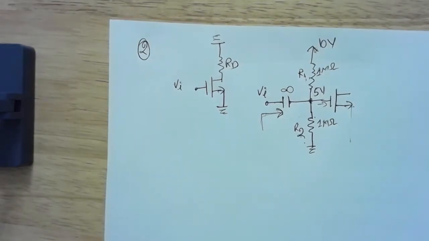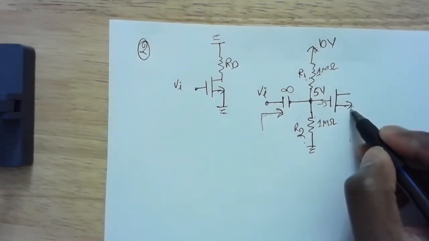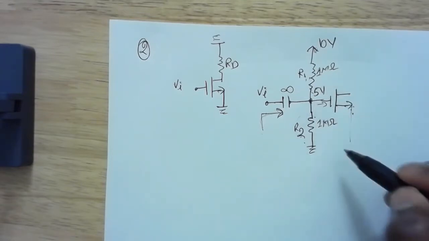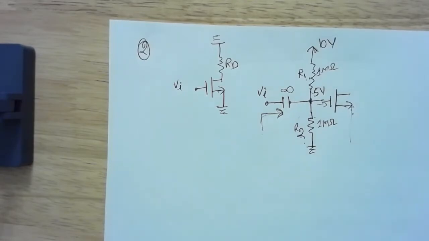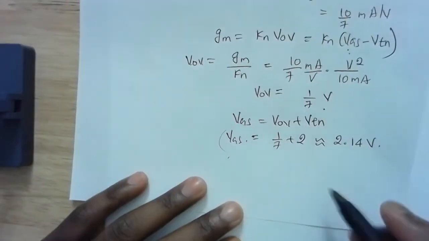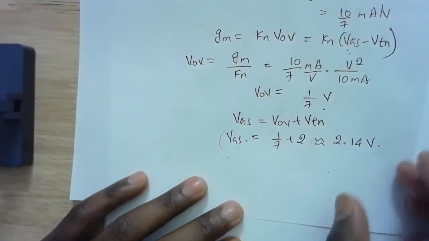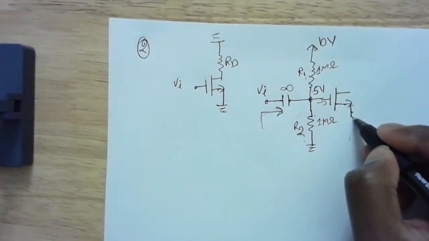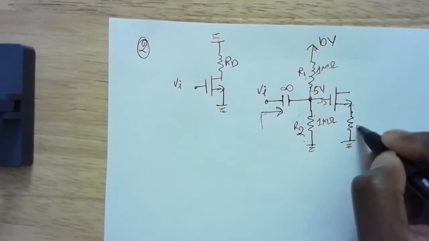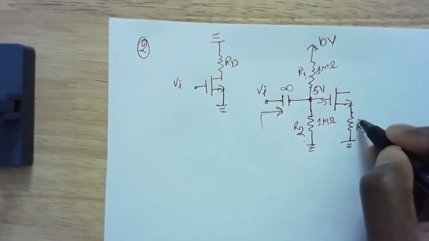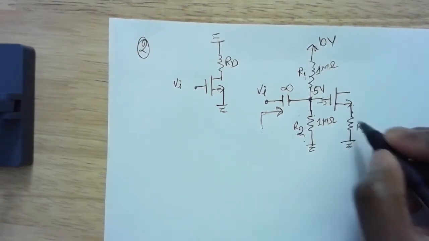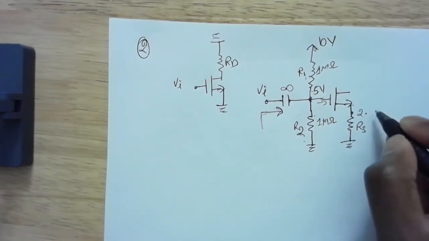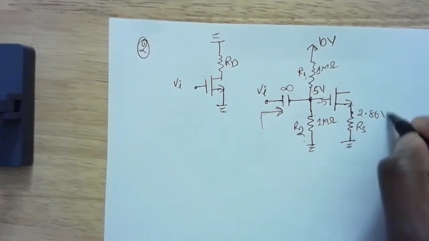Okay, so if I ground my source now, that means my VGS will be equal to 5 volts, but I want my VGS to be 2.14 volts. So what I'm going to do is put a resistance here, RS, such that there will be a certain voltage drop here, and I want the voltage drop here to be exactly equal to 2.86 volts.